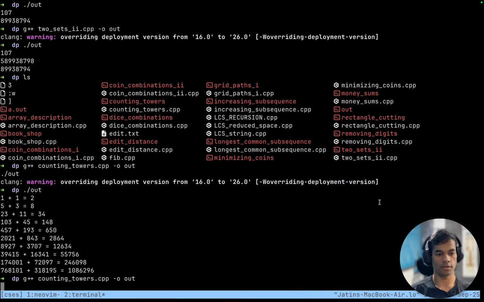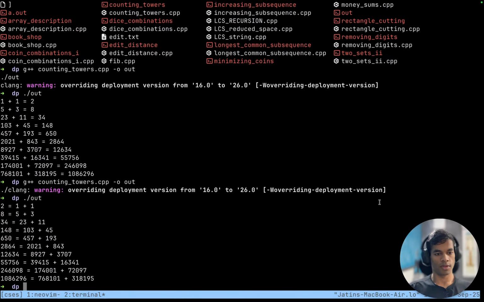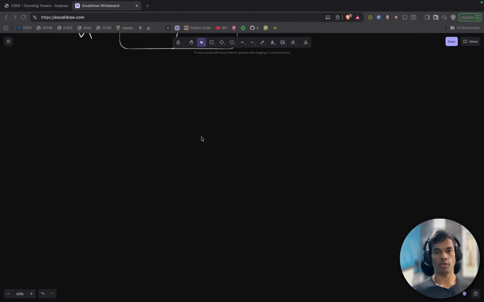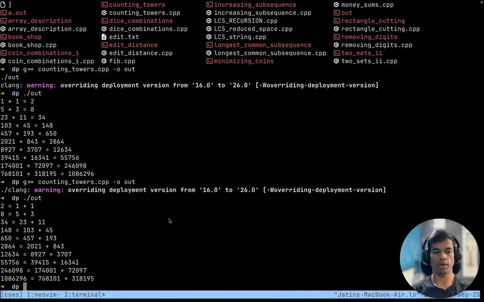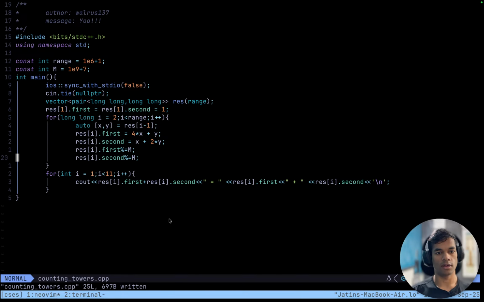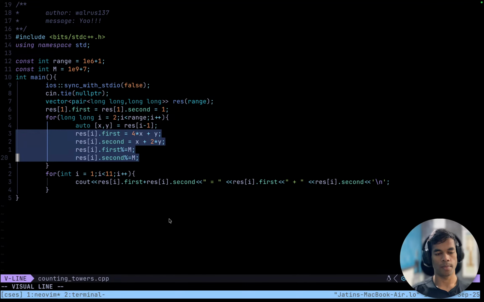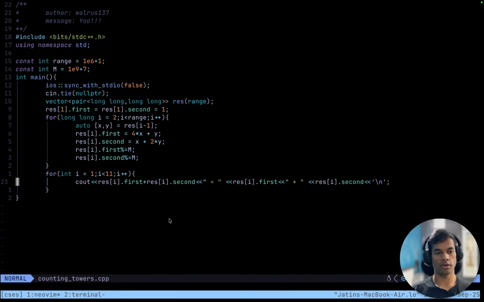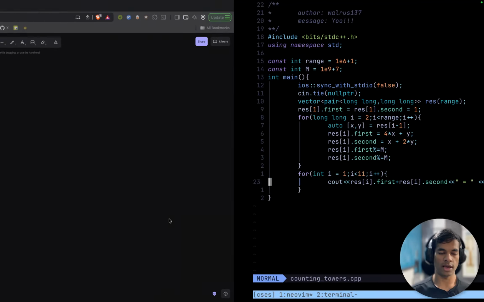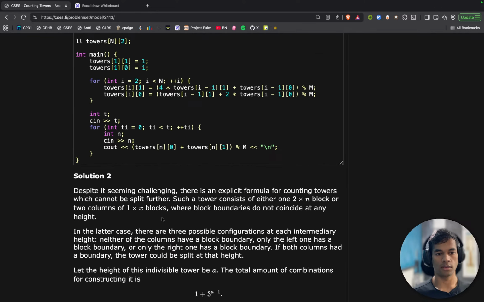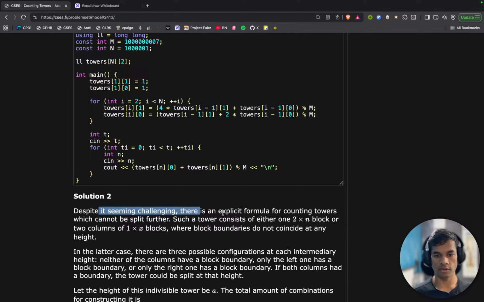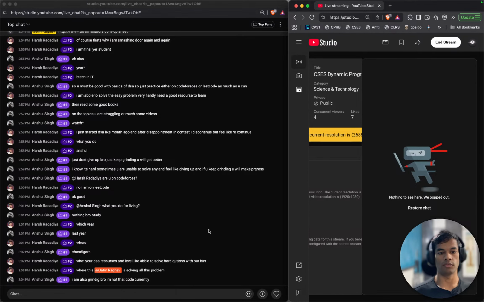Okay, so is there some pattern? Now what I'm trying to do is, since we know what the recursive formula is, is there some closed form formula which we can use here? Because in the first line, they are saying there is an explicit formula for this. So let's just try to find it.